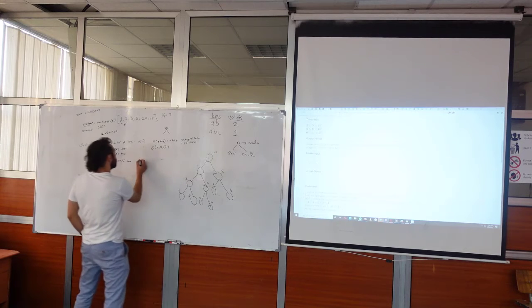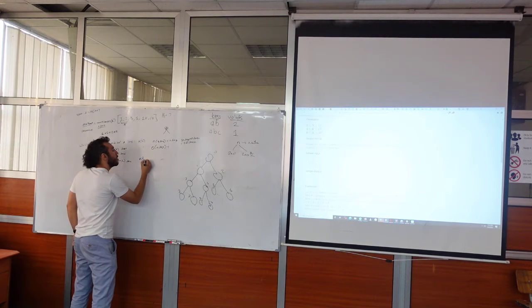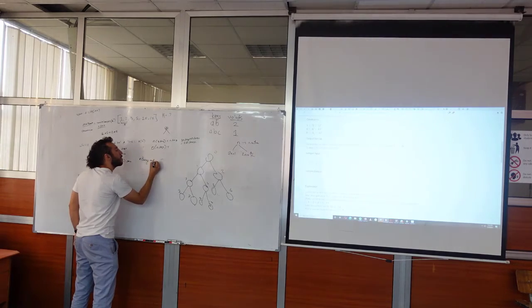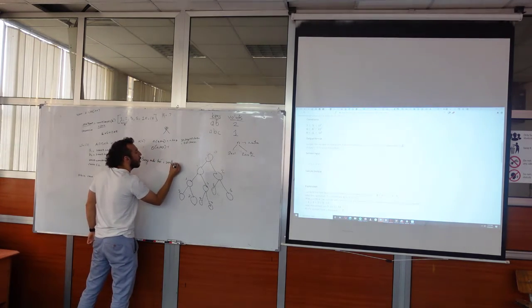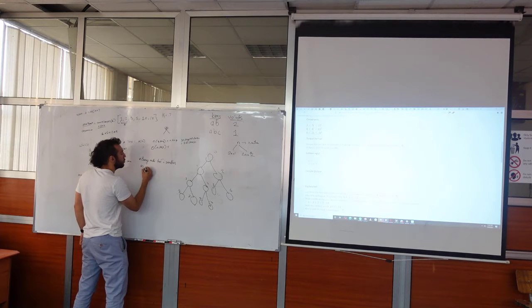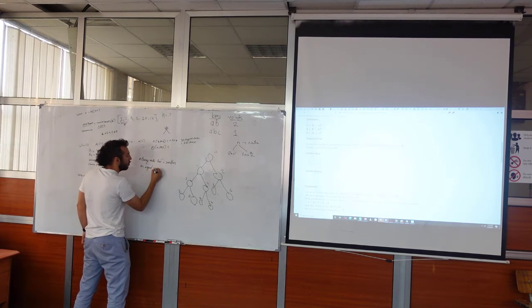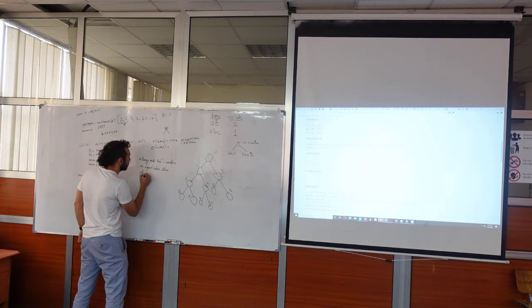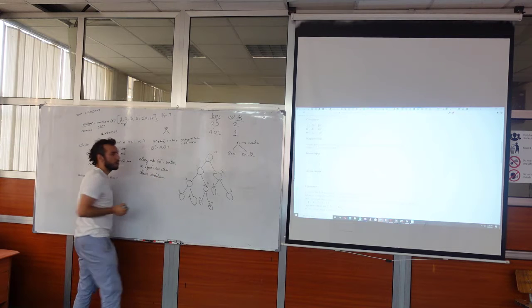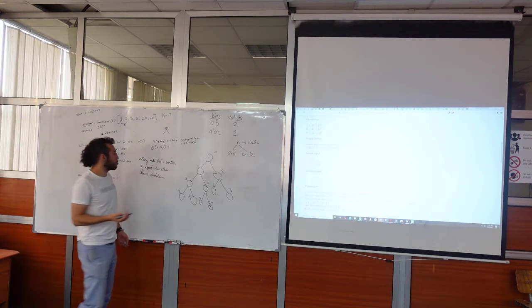What was the condition? First, every node has a smaller or equal value than their children. Now let's add some values.